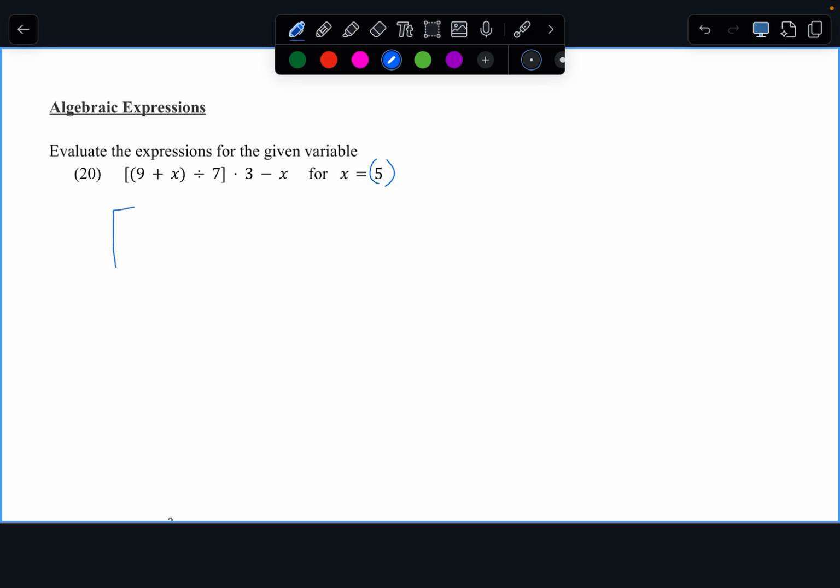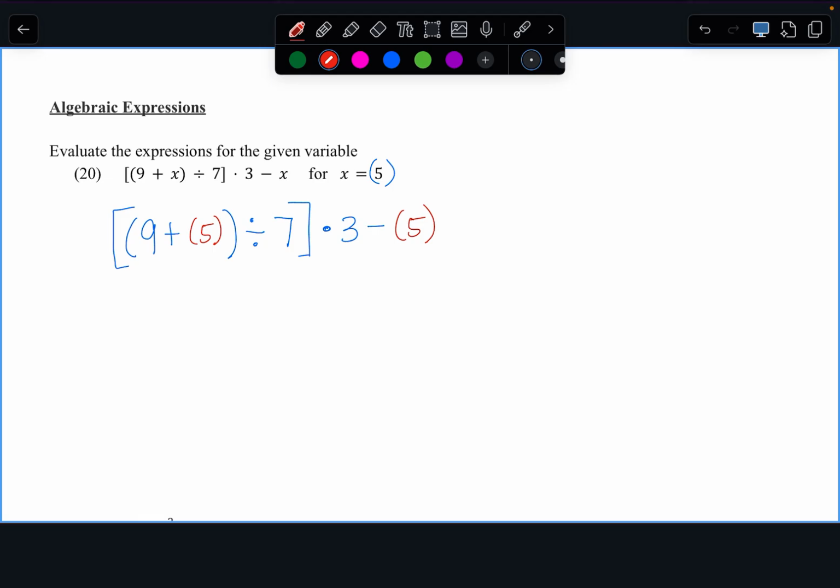So if I copy this down, and instead of x, I put parenthesis 5, parenthesis, and I copy everything else exactly as I see it. All I did was replace each of the x's with a parenthesis 5.